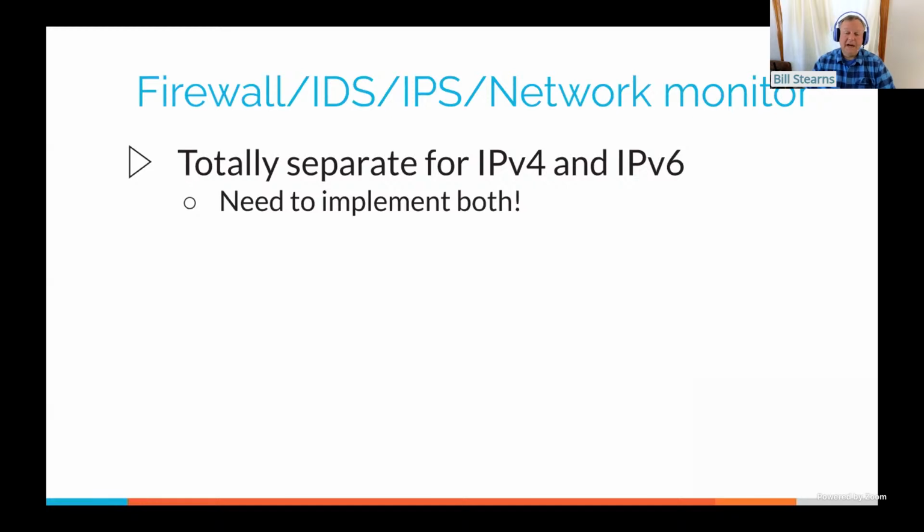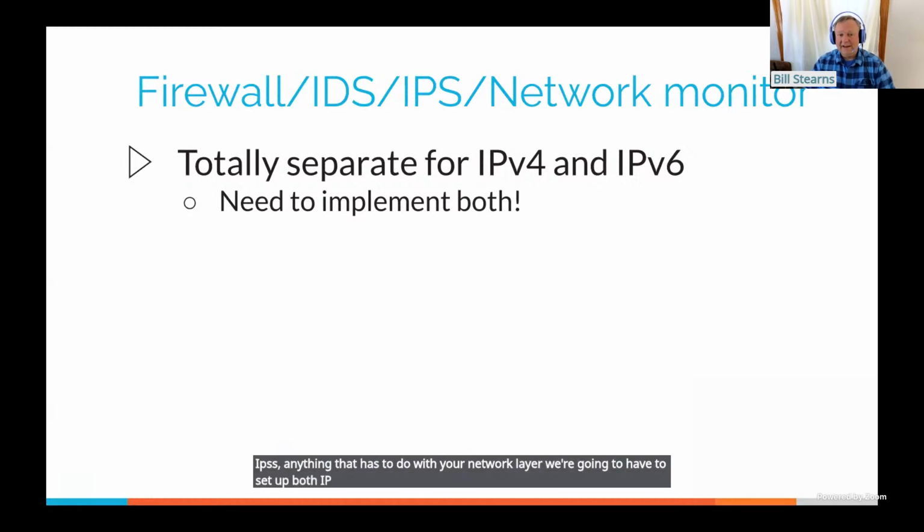When it comes time to set up firewalls, IDSs, network monitors, IPSs, anything that has to do with your network layer, we're going to have to set up both IPv4 and IPv6 security layers.